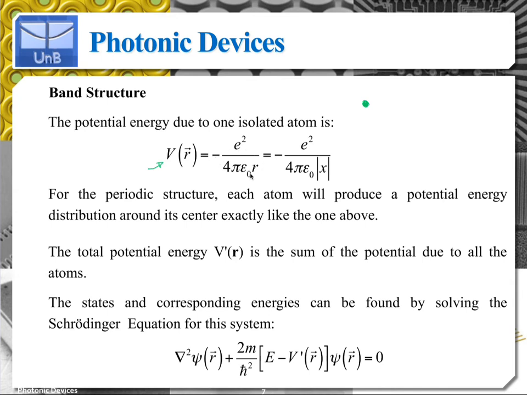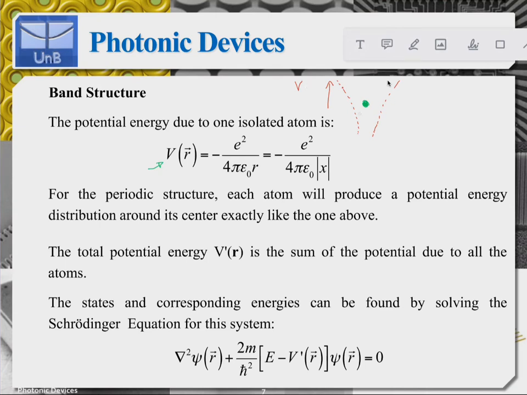So it's minus a constant times 1 over r, which will give us a function that rises up like this. And if you consider the symmetry on the other side, you would have the same thing. Let's say that on this axis you have potential energy as a function of r.